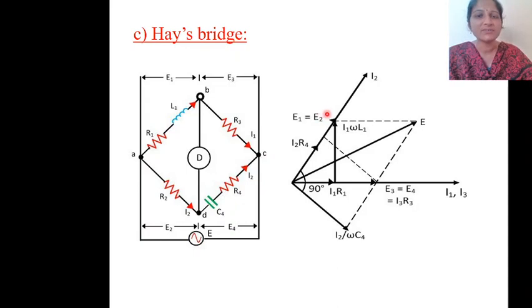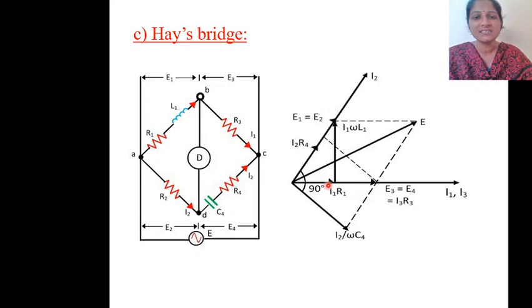So I2 will be in the same direction as E2. This is I2, and so I2R4 will be in this direction. Next, the sum of the voltages E1 and E3 gives you the total voltage E. This is E1, and E3 is a purely resistive term, that is I1R3.